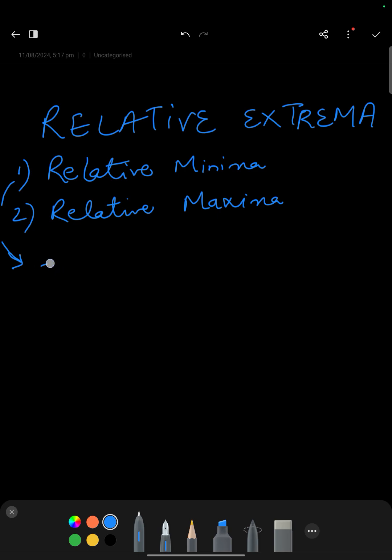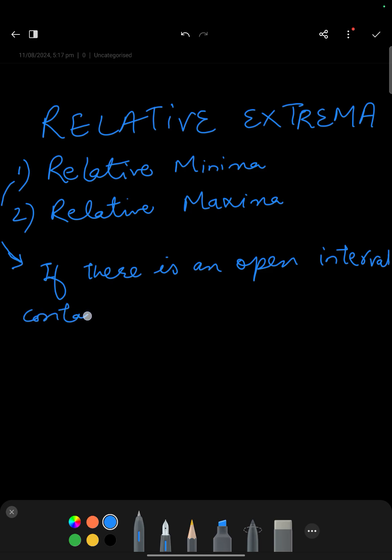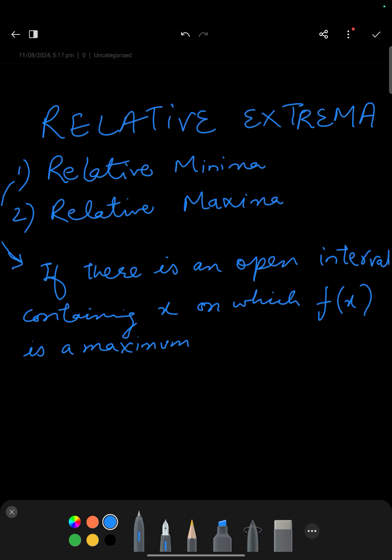In this, if there is an open interval containing x on which f(x) is a minimum, we are talking about minimum here, then f(x) is called a relative minimum.